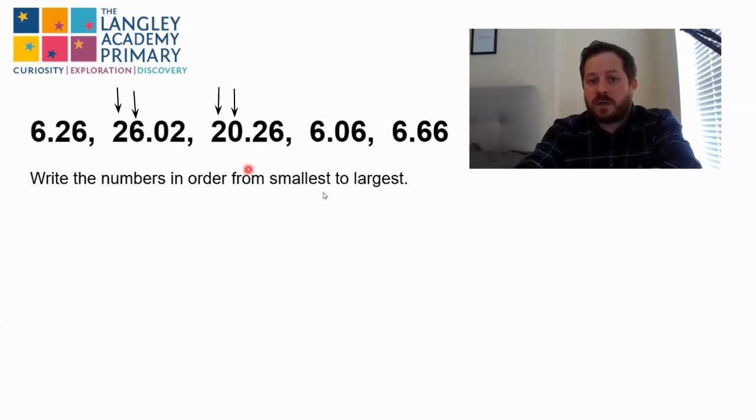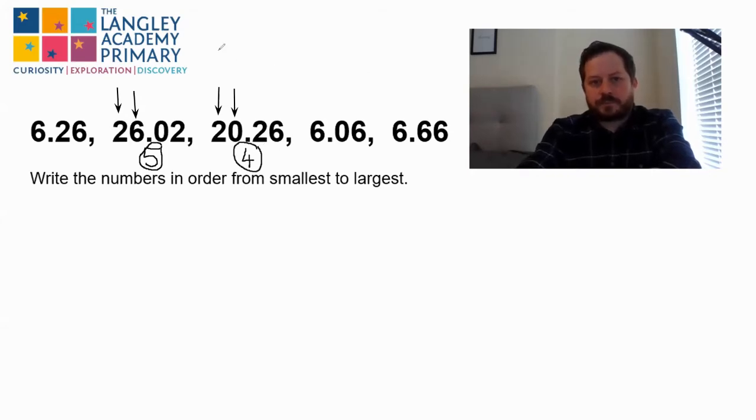So the last number, the largest number, is going to be this number here. So we can draw underneath it and just say, okay, we've got 1, 2, 3, 4, 5. That means this one must be our fifth number. That then also places this one, because we know it's bigger than all the rest, as our fourth number.